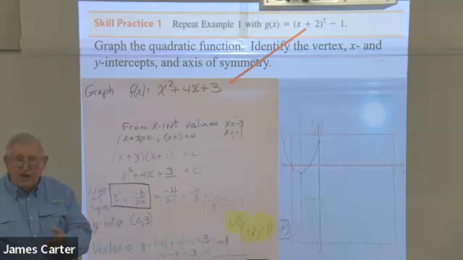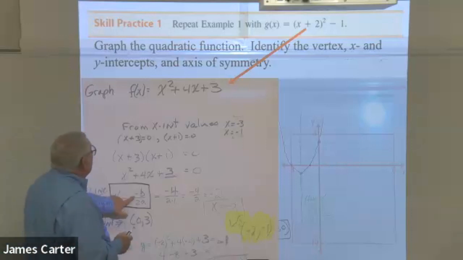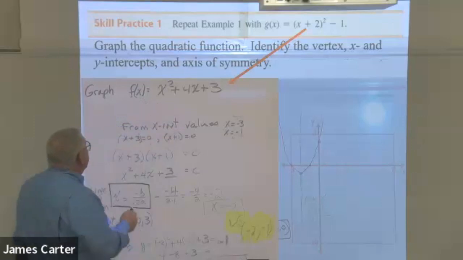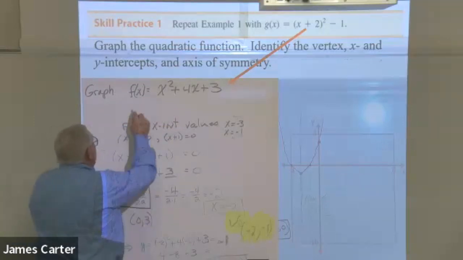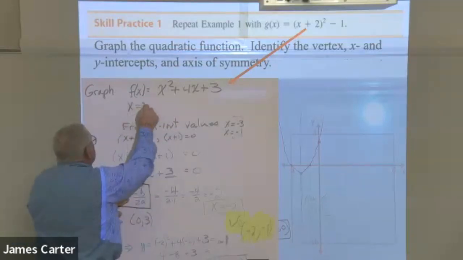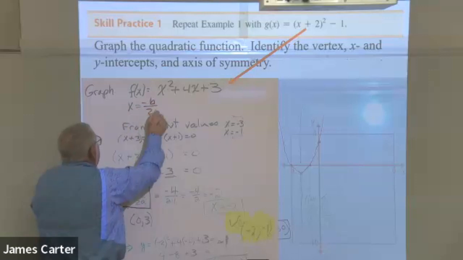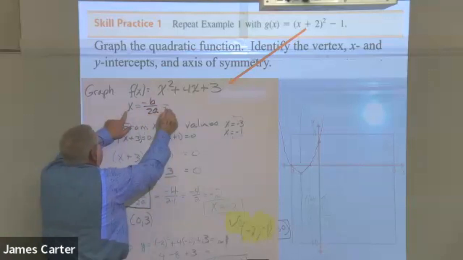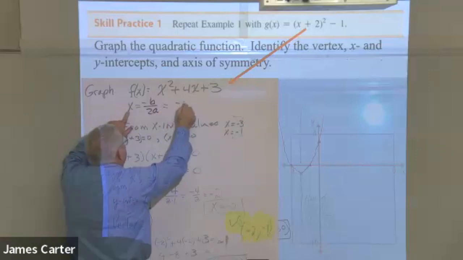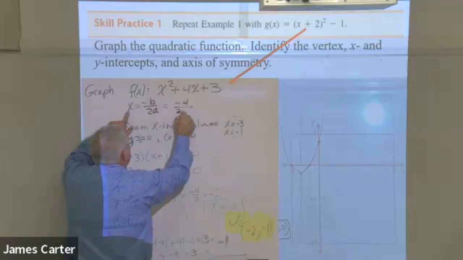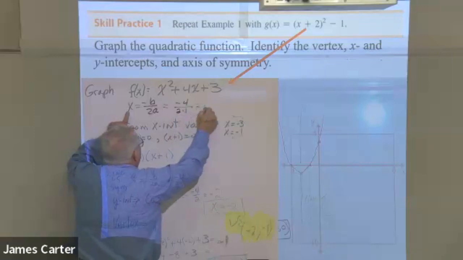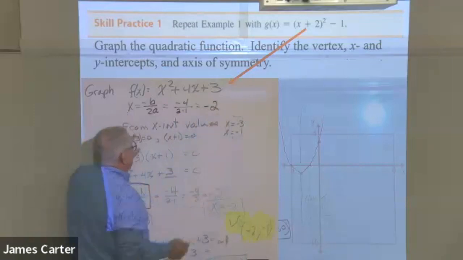It's the x value of the vertex. Now, if we do x equals negative b over 2a, then in this case, it's going to be negative 4 over 2 times 1, or negative 2 altogether.